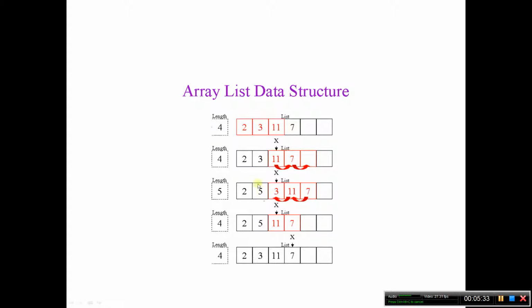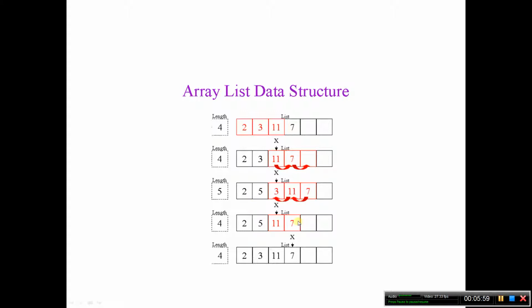So for inserting an element, I need to adjust the indexes of the next two elements. Earlier 11 was at index 3, but here the index of 11 became 4. In the same way, the index of 7 has changed from 4 to 5. So the indexes of the last elements have to be adjusted when I want to insert.